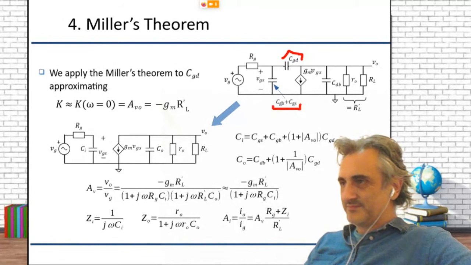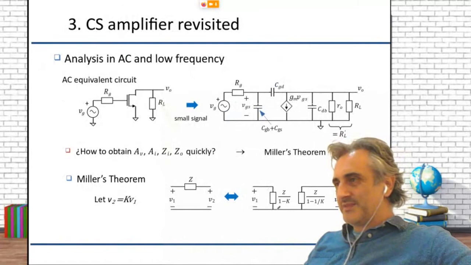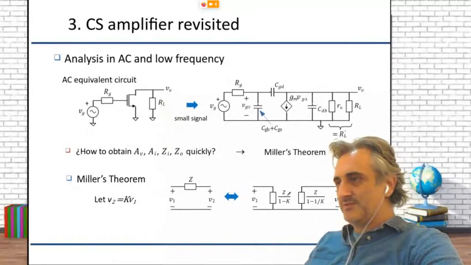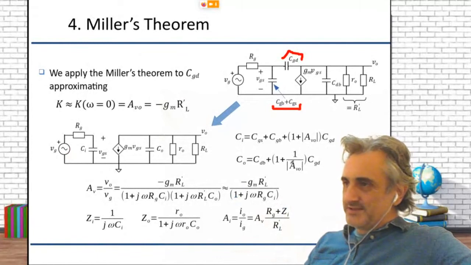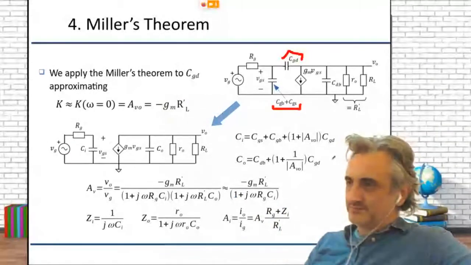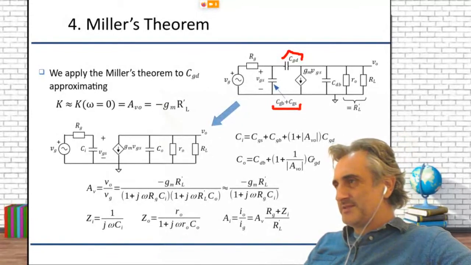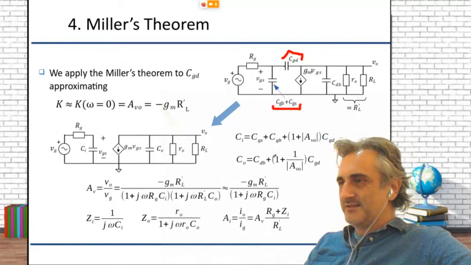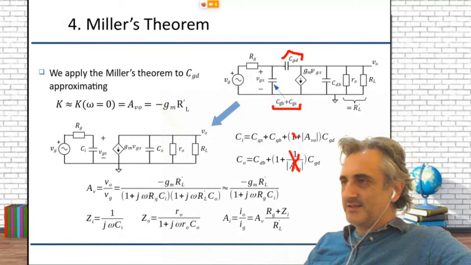This is just here, this capacitance. And then the other capacitance is just 1 over this one. So notice that for the output capacitance, if this gain is high, this disappears. And if this gain is high, this also disappears.